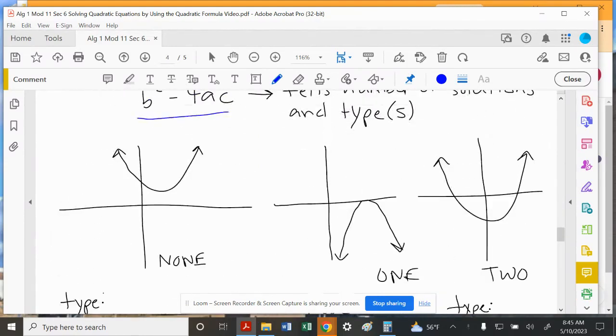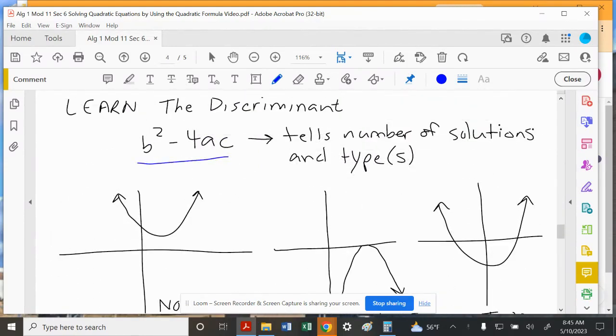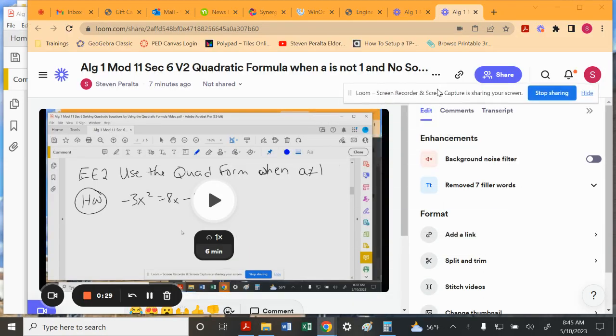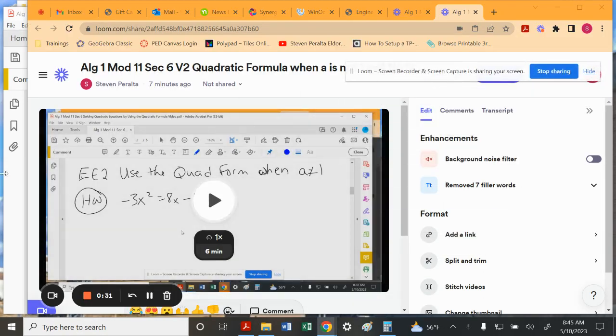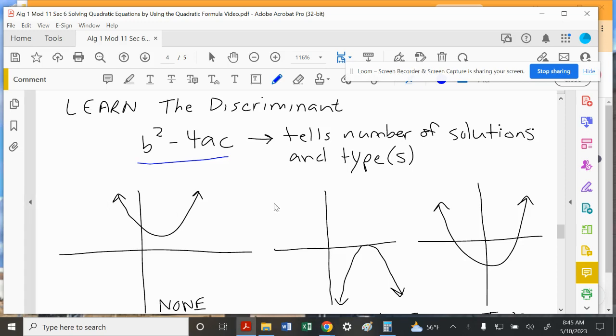So first thing, there are three possibilities when we have a quadratic equation. So one possibility, and here's what a quadratic equation will always turn out to be: a parabola. It could be going up, it could be going down, and we'll get into that once we learn some of the graphing when that happens.